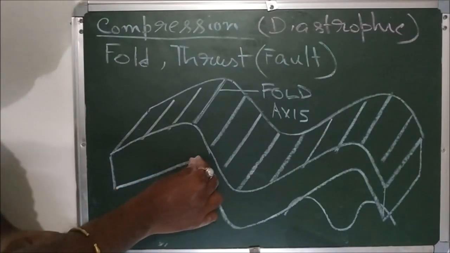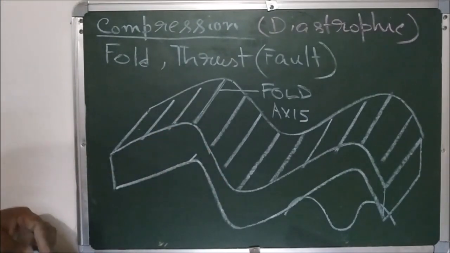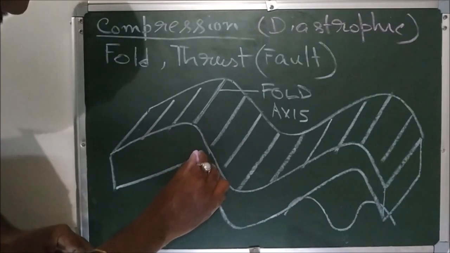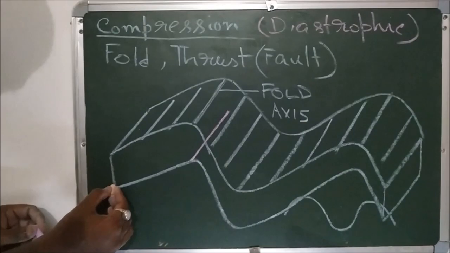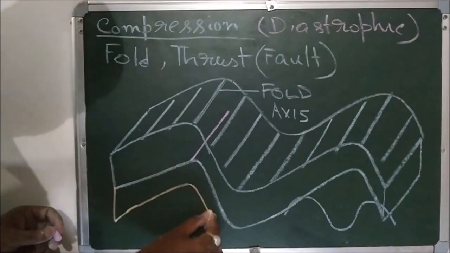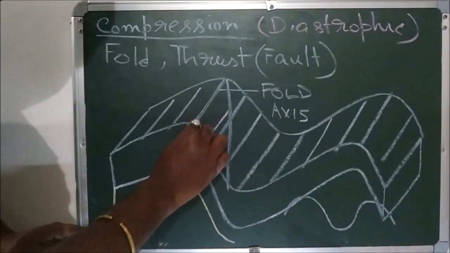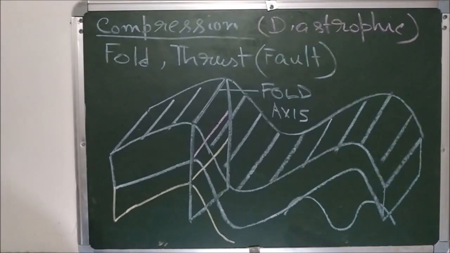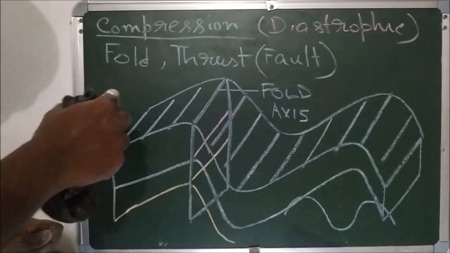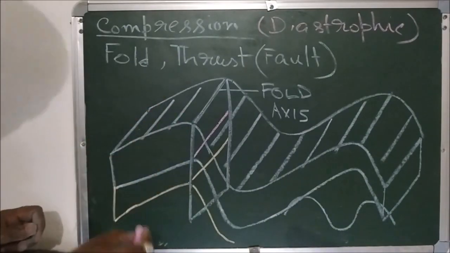And for successive layers, this is one layer, this is another layer. Here the fold axis is like this. If we draw another layer below, its fold axis will be this. The plane on which these fold axes fall will be called the axial plane.